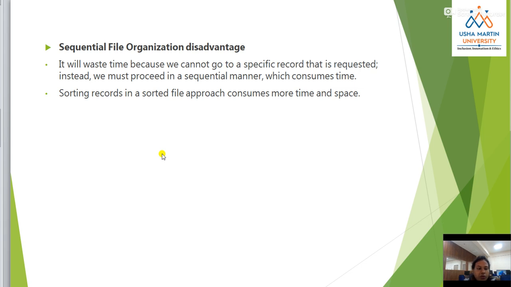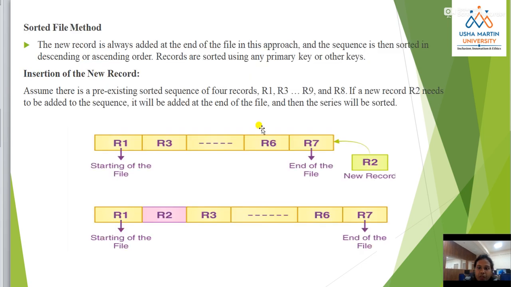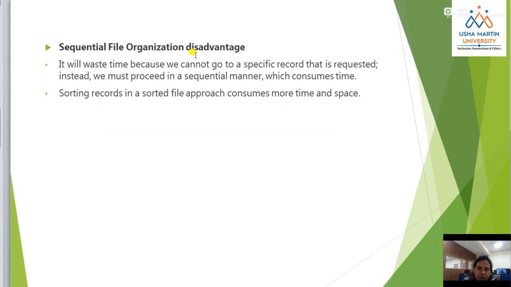Suppose we want to get the record R6. Directly we can't go to the record R6. Why? Because we have to search one by one. We have to traverse one by one, then we will reach the position of R6. But directly we can't go, so that's why it will take time.